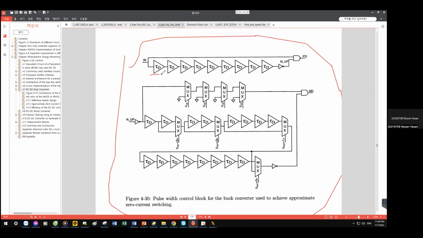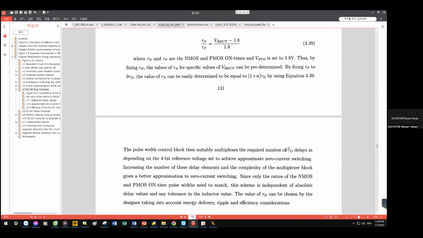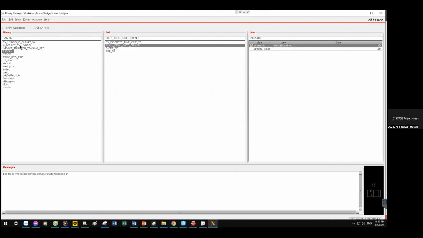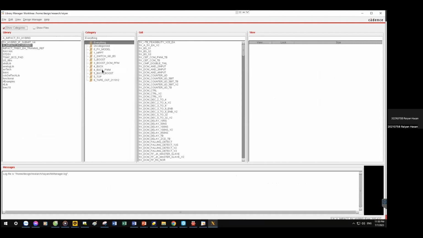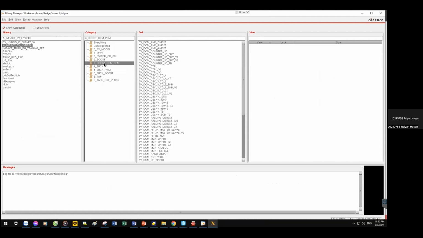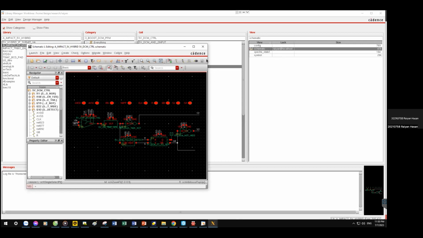So first you have to make one delay. How do you make one delay? So I said use my circuit here, right? This one's the delay circuit.